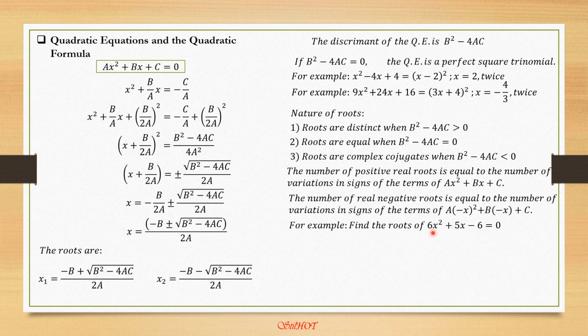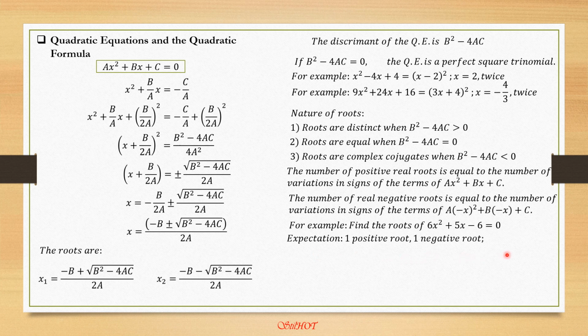So there is also one variation in sign from positive to negative when x is replaced by negative x. So there's also one negative root. That's the expectation: one positive root and one negative root.